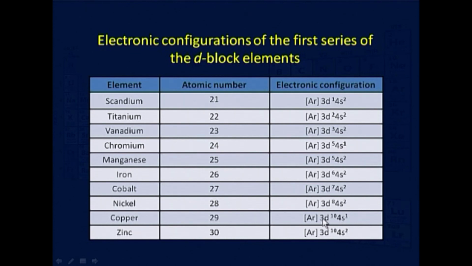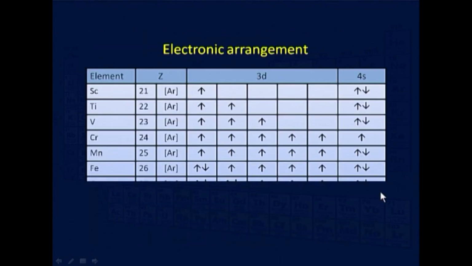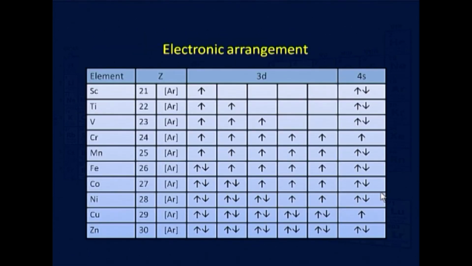Instead, it has 3d10 4s1. So, why this anomaly? We are going to answer this anomaly slightly later, but before that, how you conventionally write the d electrons is also shown in this figure.